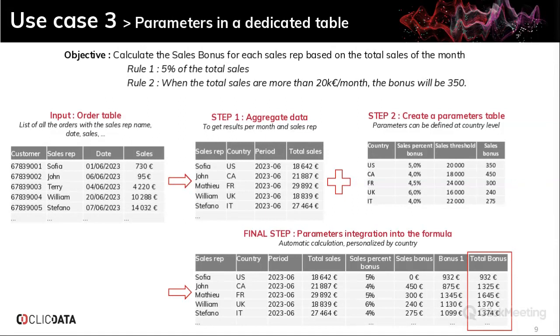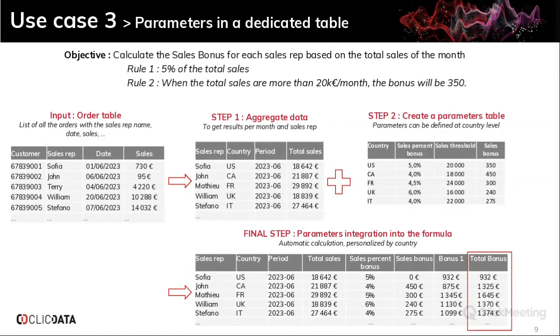So globally, we will have this order table with 1 line per order. And in step 1, we will need to aggregate the data per period and also per sales representative.